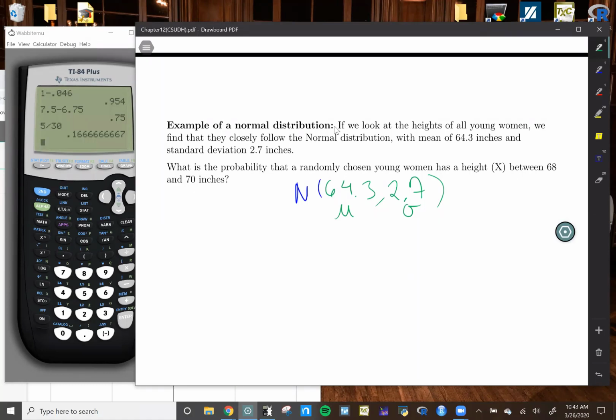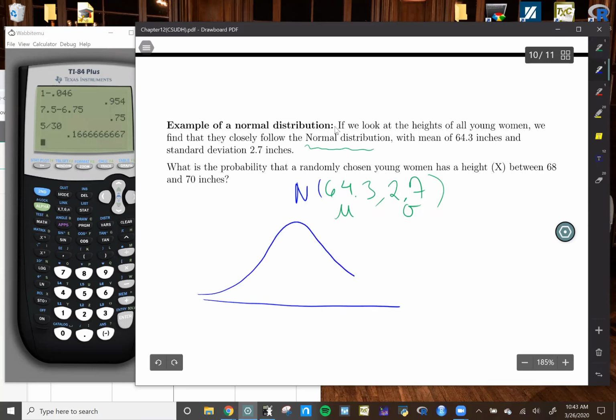Yes. So if you remember, whenever they say a normal distribution, it should look something like this. So in the middle, you always want to put 64.3. The mean always goes in the middle. So if you look at this one, they want to find the probability that a randomly chosen young woman has a height between 68 and 70 inches.